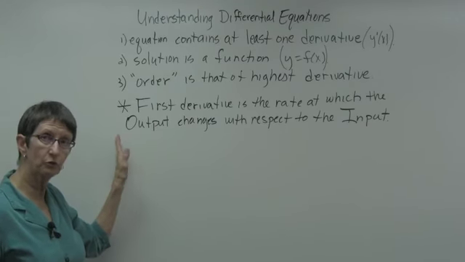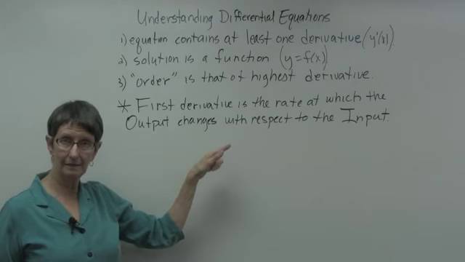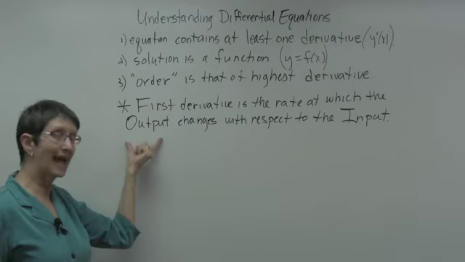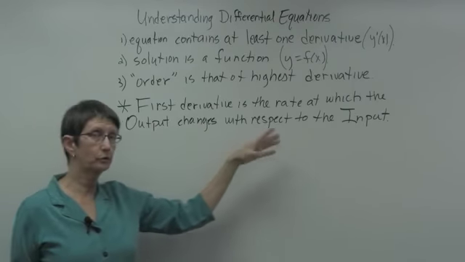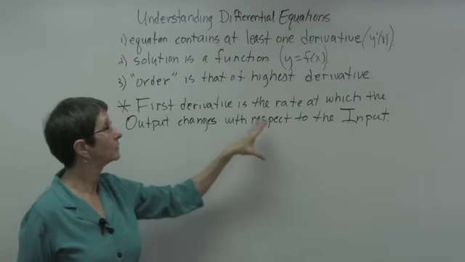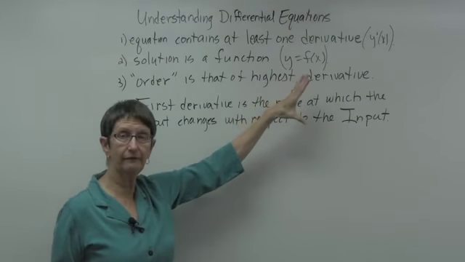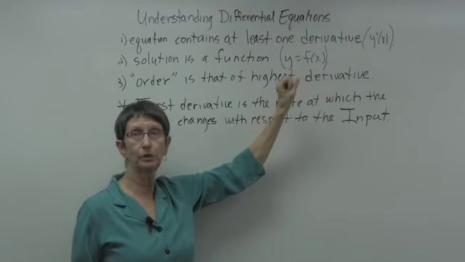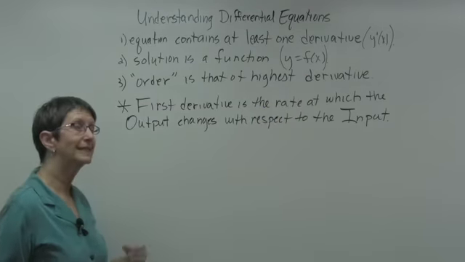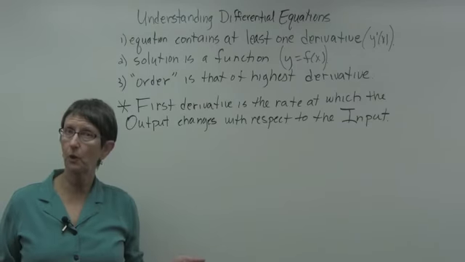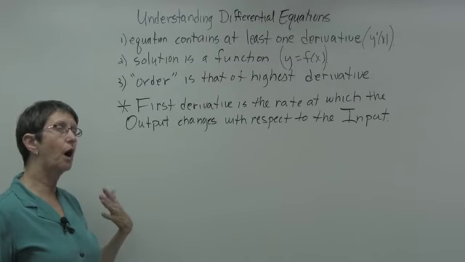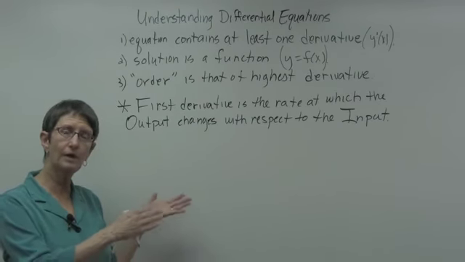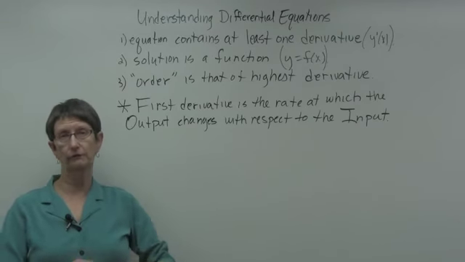Remember, the first derivative is the rate of change at which the output changes with respect to the input. So if I have a function y equals f of x, y and f are the output letters, and x is the input letter. So let's look at a few differential equations, and we're going to also look at how a solution works in the differential equation.